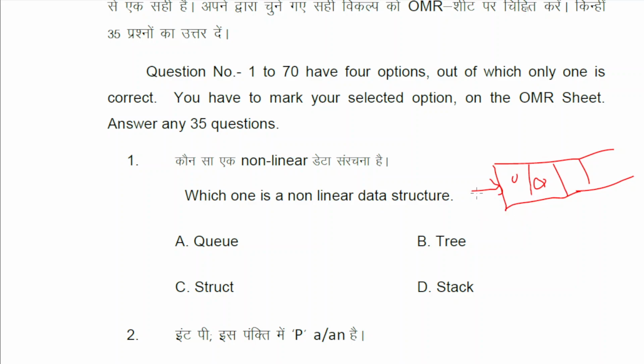Queue is one example. Stack is also one example, because for queue and stack implementation we mainly use arrays, or sometimes we use a linked list, which is also a sequential data structure. Stack is the keyword. So the non-linear data structure is tree. Answer is B.